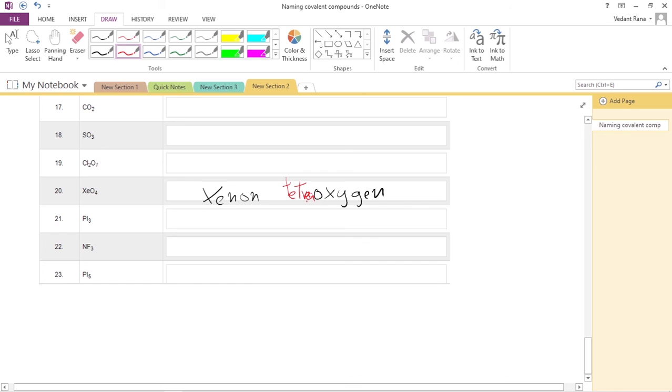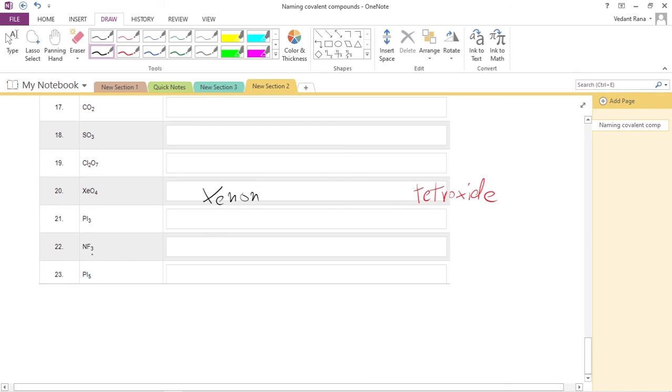But again, we have A and O together, so to avoid awkward pronunciation, we replace A and O with a single O. So we get xenon tetroxide.